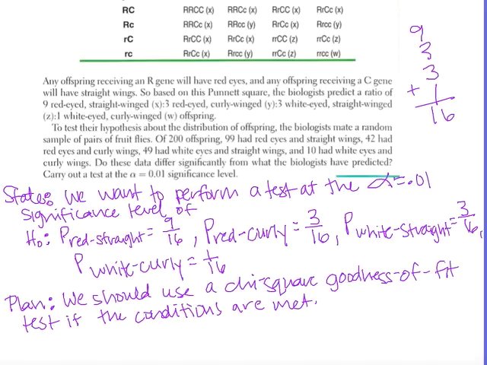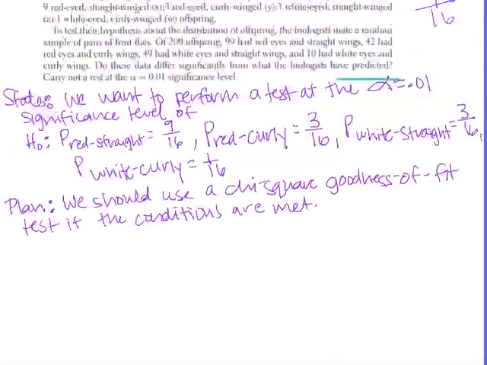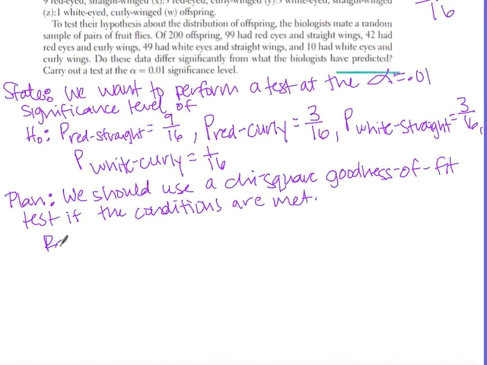So the conditions we have to look at, first we have to look at, is it random? And so it says biologists make a random sample of pairs of fruit flies, so that's satisfied.